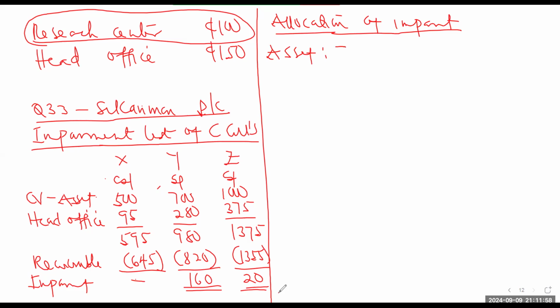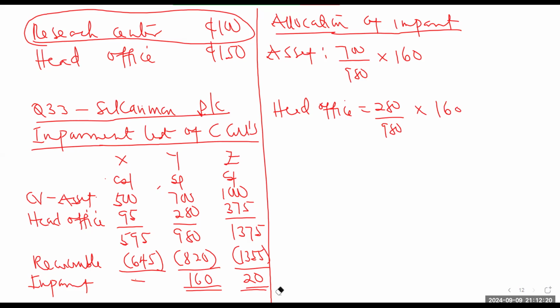So we have 700 divided by 980 multiplied by the 160. Then the head office: 280 divided by 980 multiplied by 160. What are we having?